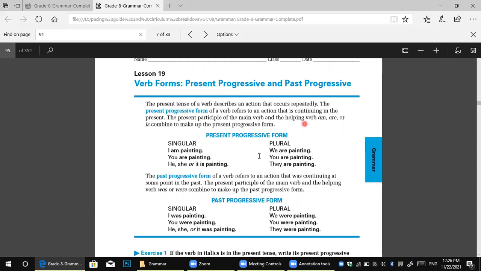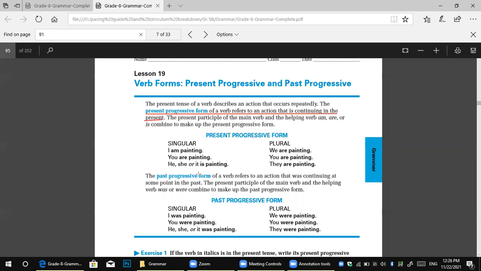So let's start with the present progressive. A verb refers to an action that's continuing in the present. Just try to draw like this. The present progressive is a verb that refers to an action continuing in the present.